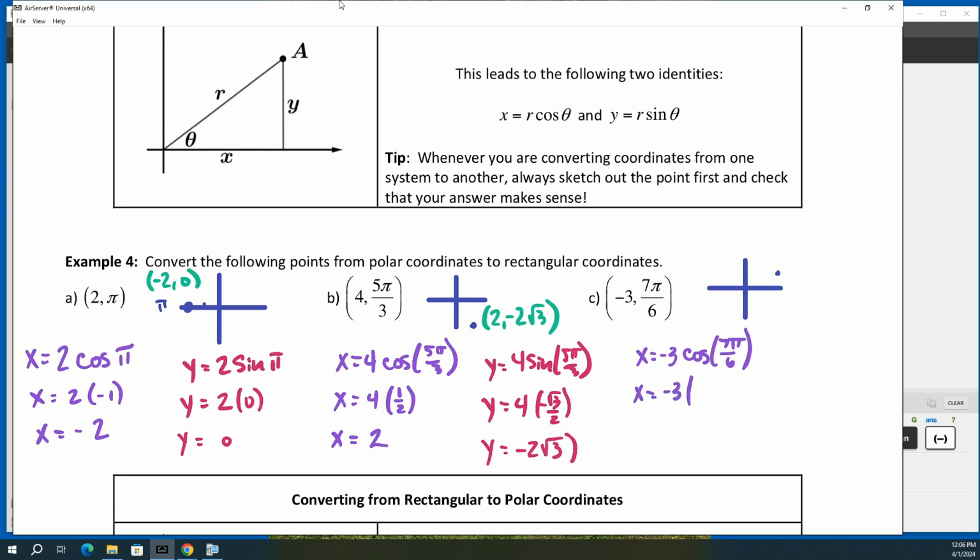And then if you look at your unit circle, cosine of 7 pi over 6 is negative square root of 3 over 2. So this one's going to be kind of messy. It's okay. There's nothing we can really simplify except we know a negative times a negative is a positive.